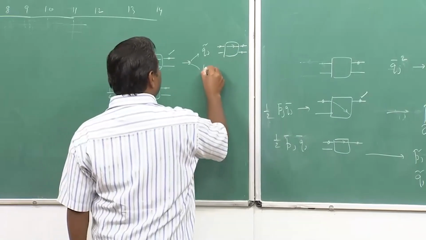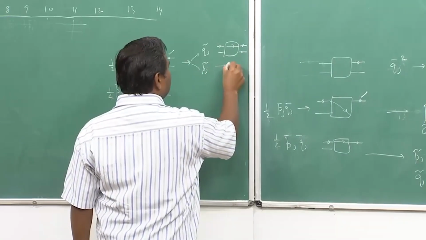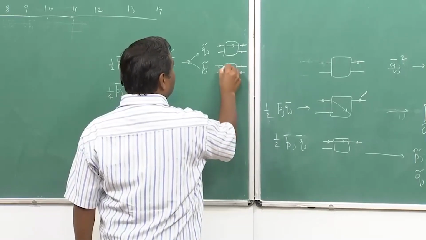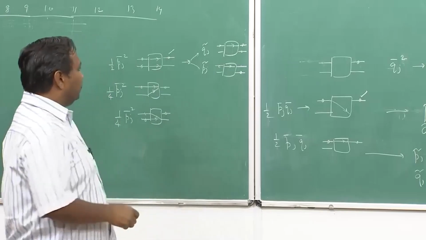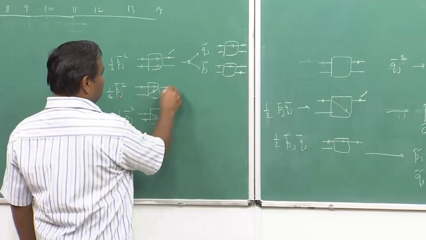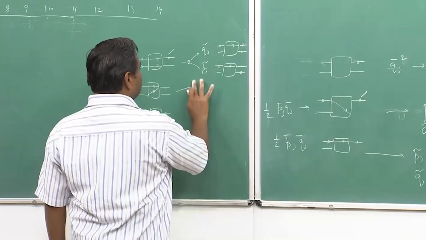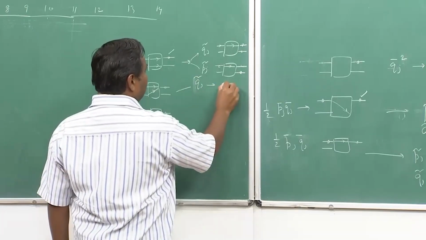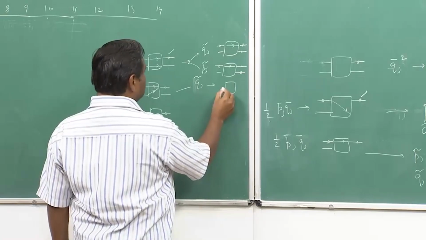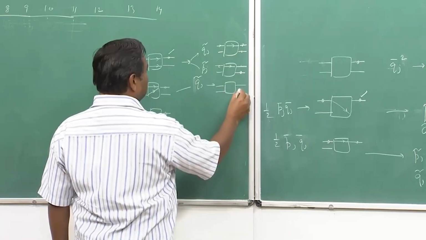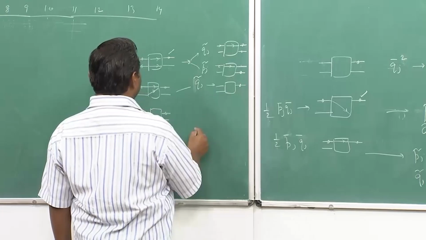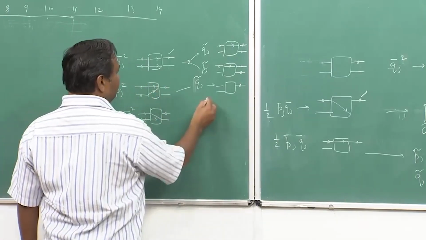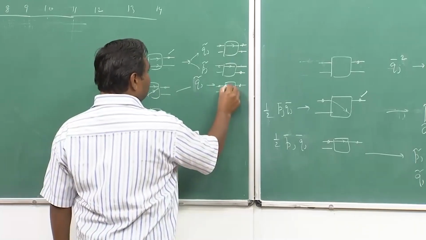If the packet does not go out, you will end up in this situation. If the packet does go out, there is no packet on this side, and there is a packet on this side directed in this scenario. In this case again, if the packet does not go out, both of them are directed to the same port, so they will remain there.